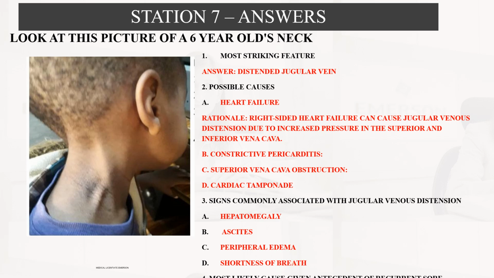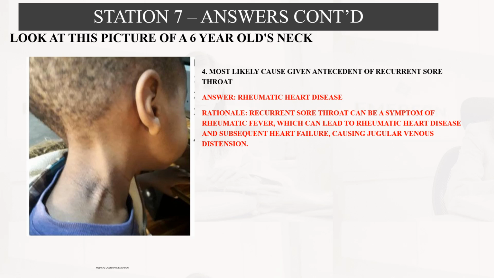Then question 4. Question 4 is, what is the most likely cause if, of course, the child presented an antecedent of recurrent sore throat? Okay, what do you think it can be? So in short, they have a recurrent sore throat and there is a distended jugular vein.